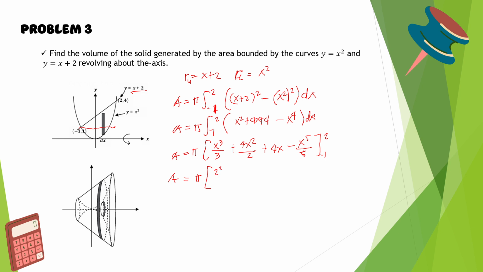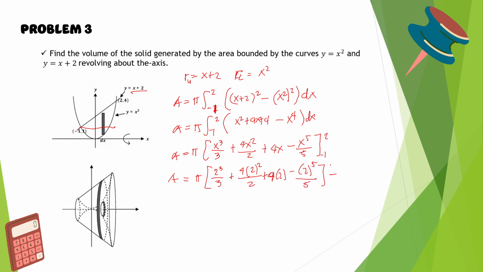So 2 cubed over 3 plus 4 times 2 squared over 2 plus 4 times 2 minus 2 raised to 5 over 5.